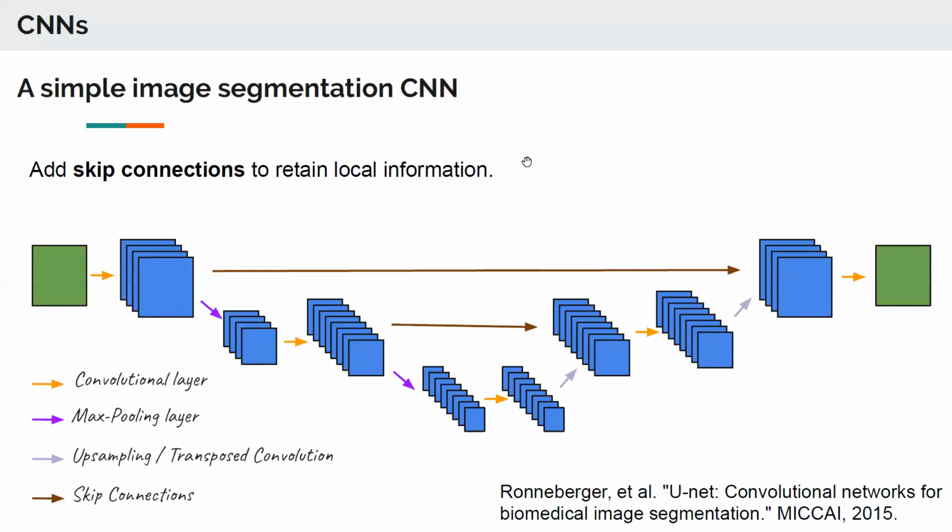This local information is directly transferred to the output, and it can be used for making local predictions here. Whereas these max pooling layers give you large context information, which can be used via these upsampling steps, again to make predictions about the segmentation. So this is how both the considerations are taken into account.